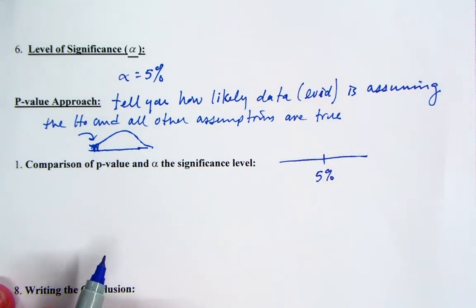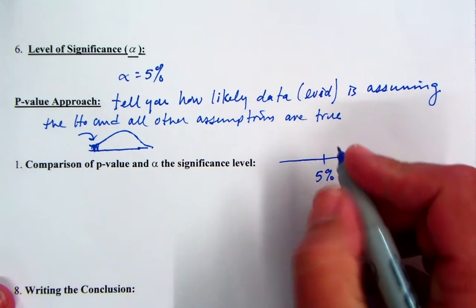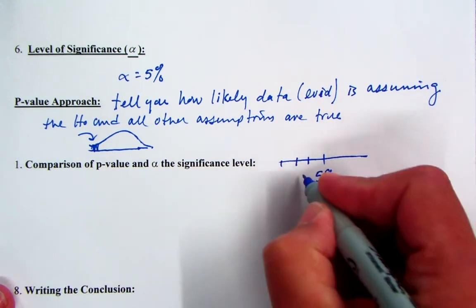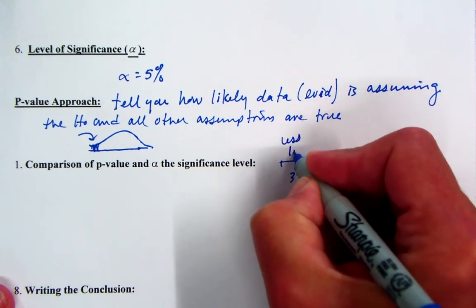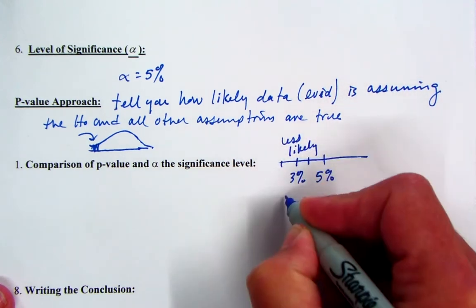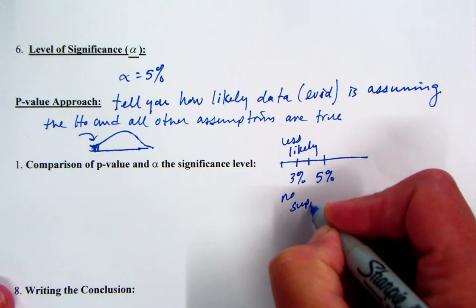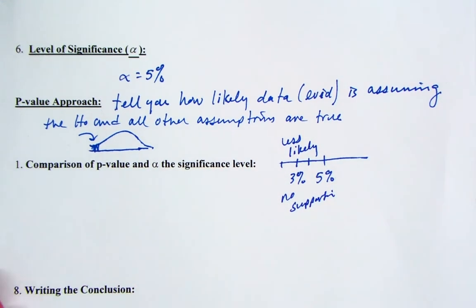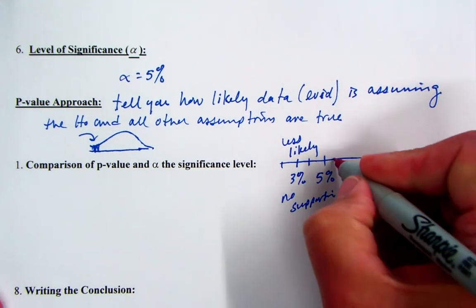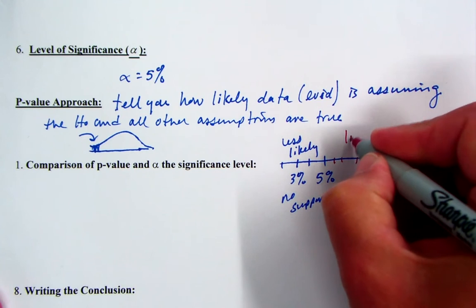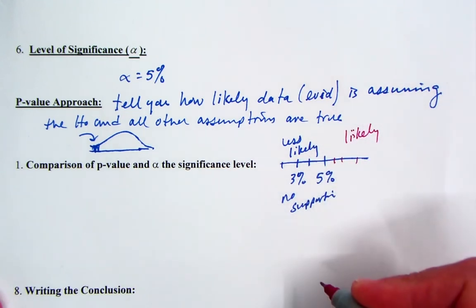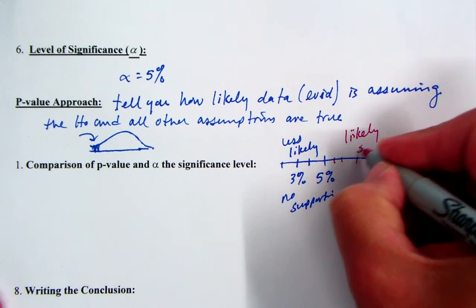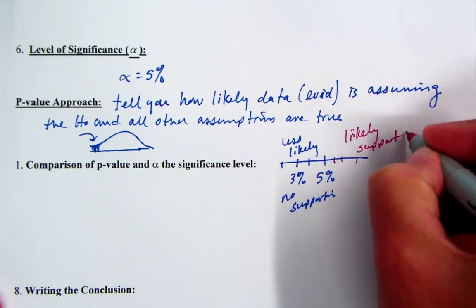So if something is less likely, that means it's going to land in this area, which is less than 5%. This is less likely. So it's not supporting. Anything on this side we're going to deem likely, even though you might not think 6% is likely, in statistics we're going to say it's likely. So we are going to support the null.